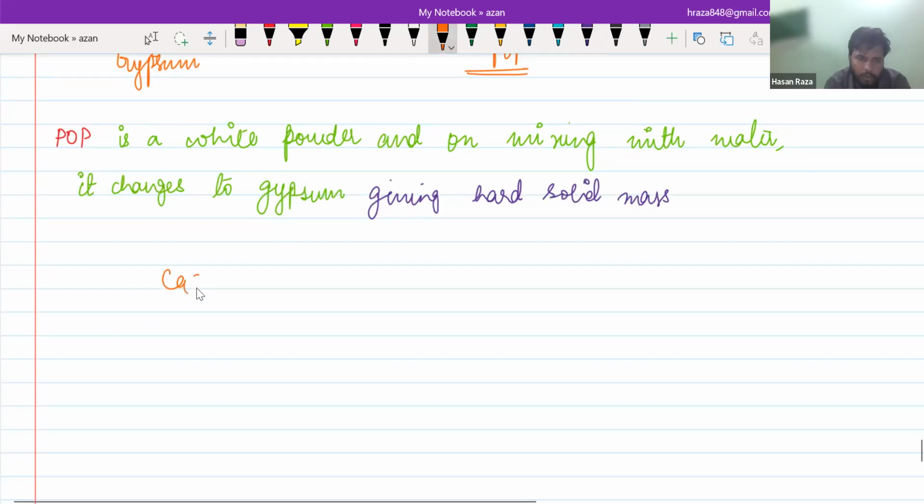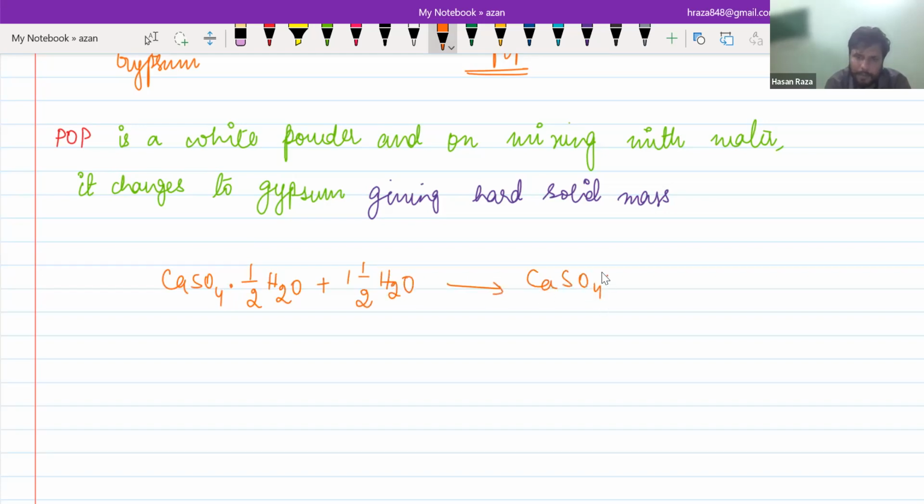So if you add water to POP, you will get gypsum. This is gypsum. Doctors use this POP to fix fractured bones.